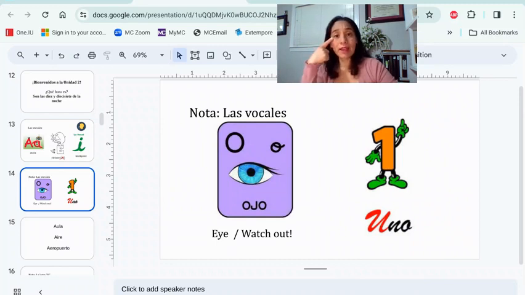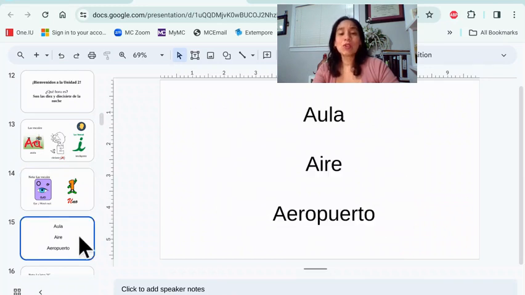Ojo means eye, but also means watch out or attention. And finally, we have the word uno right here as an example of the pronunciation for letter U. So it's not "yu", it is U. U, like in uno.